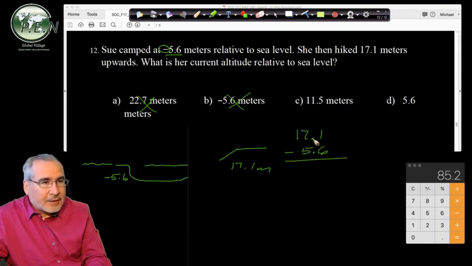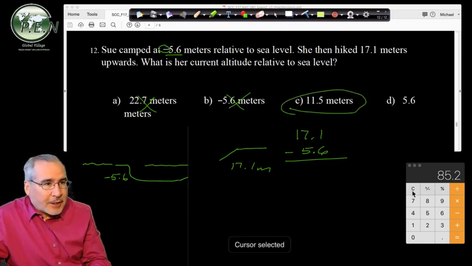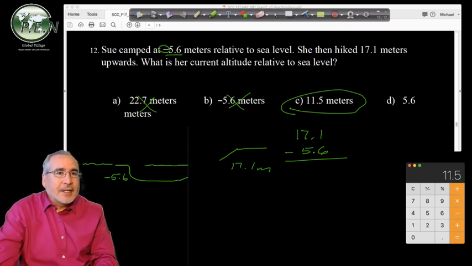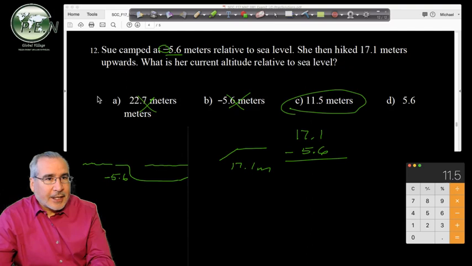I think you'll see just even judging it, it's got to be this one. But to be absolutely sure, maybe put it in your calculator. You never know, it might be closer. Yeah, 11.5 meters. That's above sea level. That's where she's currently at.